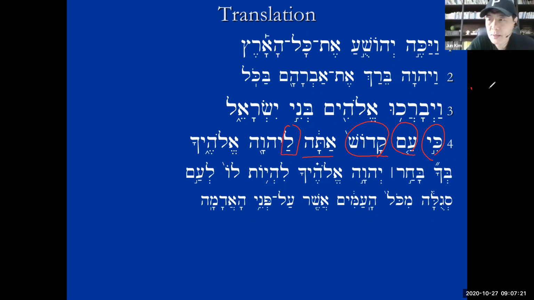And this one is lamed, the preposition, together with Adonai, for the Lord, for the Lord your God. So then what is your translation? You are holy people.